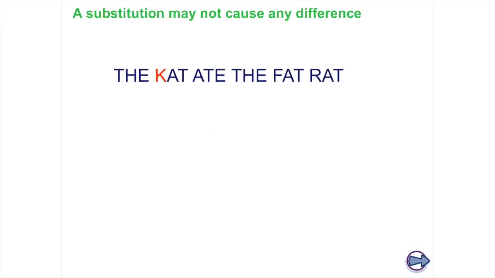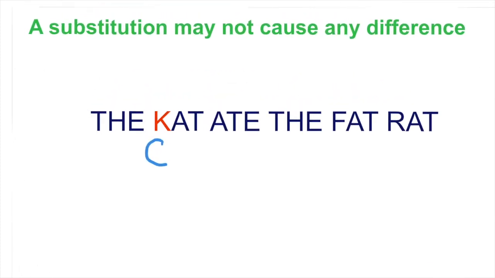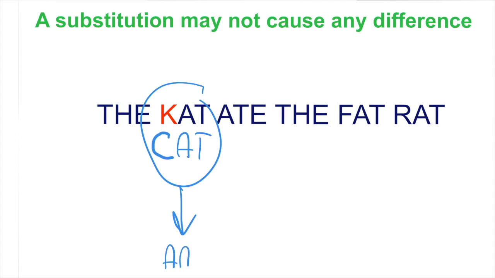If the letter C in the original sentence was changed to K, now obviously this is written in a different spelling, but if you listen to the sentence, you wouldn't notice that there is any change. So this is an analogy that shows you that triplets like CAT or KAT will code for, or mean, the same amino acid.